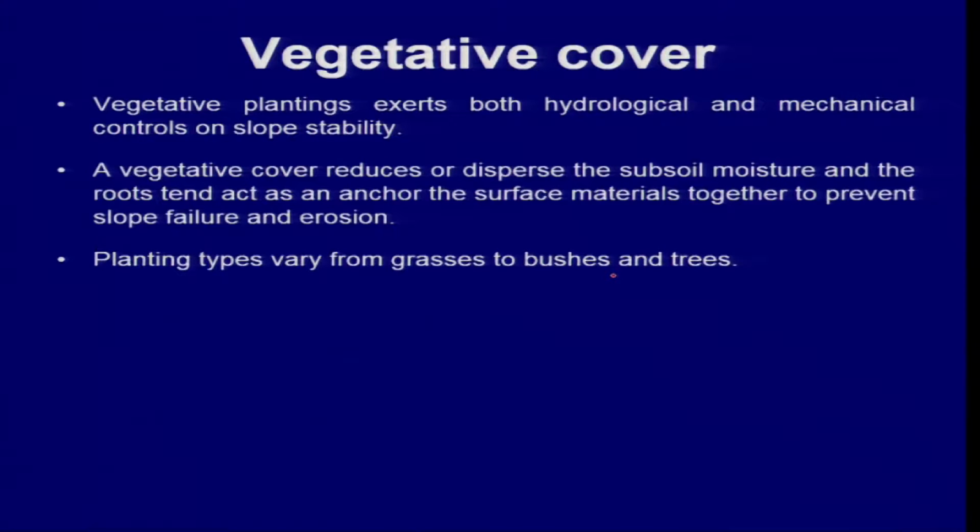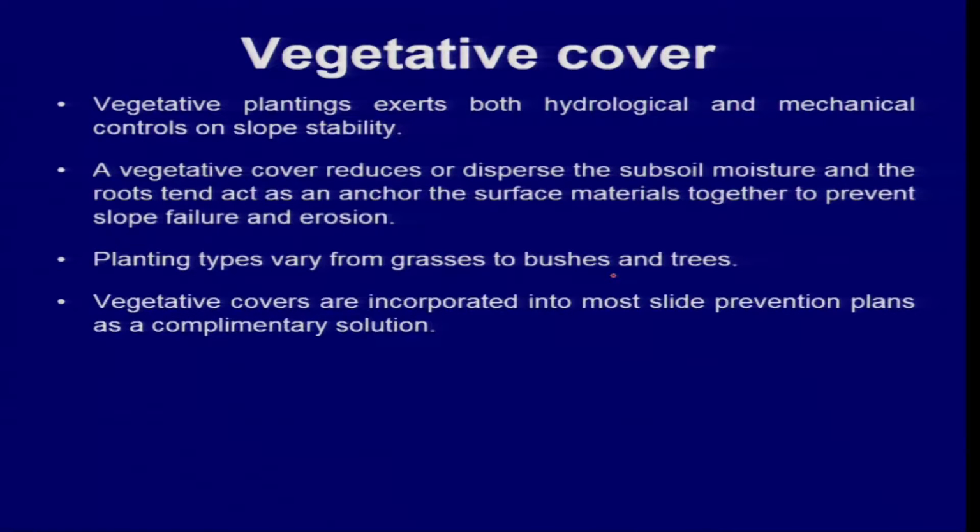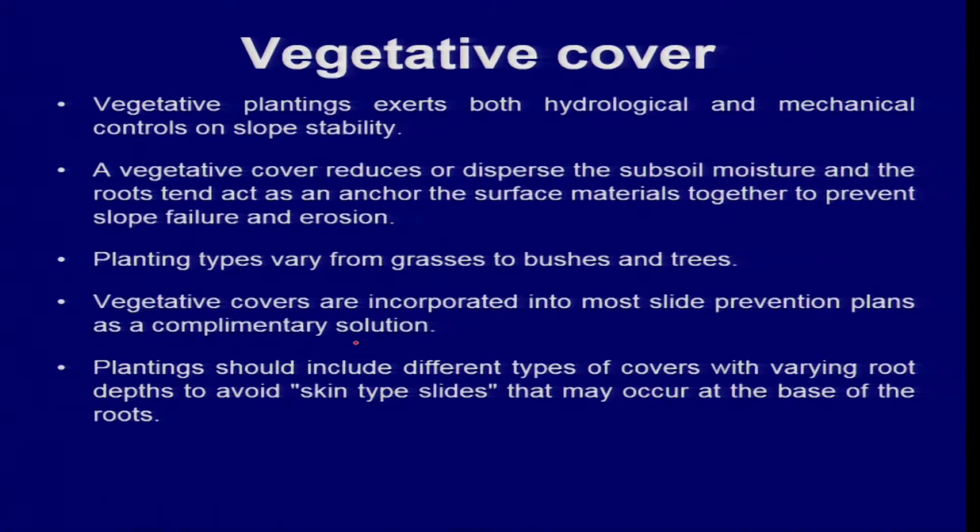Planting types vary from grass to bushes and trees, but as I told you, you should not put very heavy vegetation on the slope, which will increase the overburden. So, vegetation covers are incorporated in most slide prevention plans as complementary solutions. Along with what you are doing, the benching part and all that, you can add vegetation as a complementary solution.